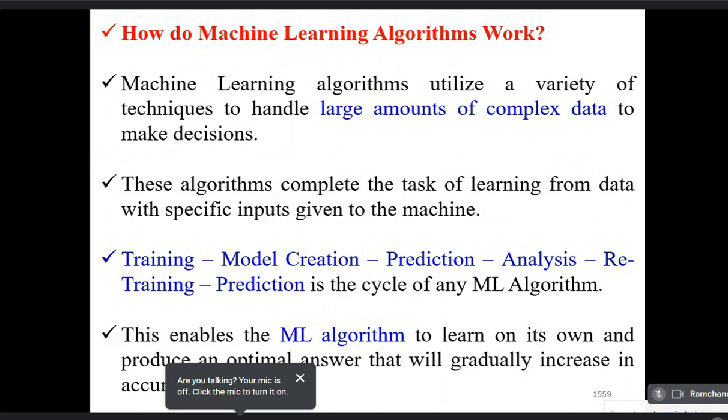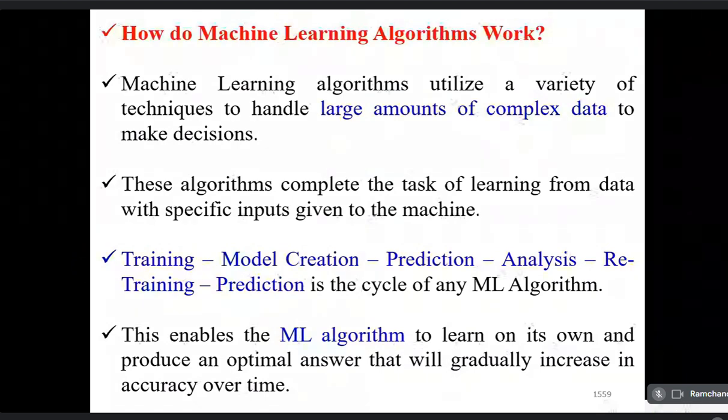Machine learning algorithms utilize a variety of techniques to handle large amounts of complex data to make decisions. Yes, we have a number of algorithms based on the data sets. These algorithms complete the task of learning from data with the specific inputs given to the machine, like training, then model creation, then prediction, then analysis, then retraining.